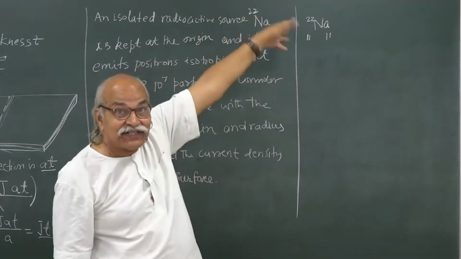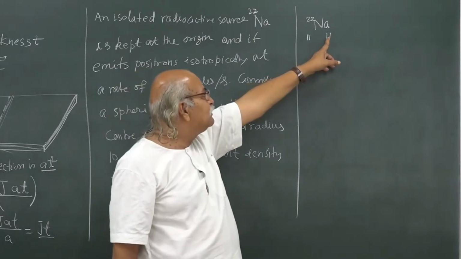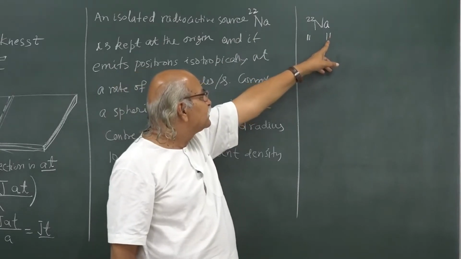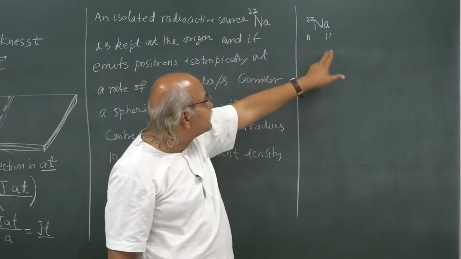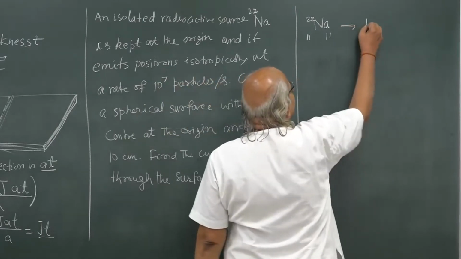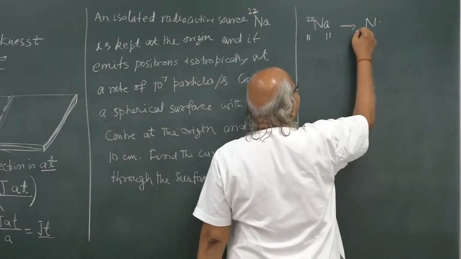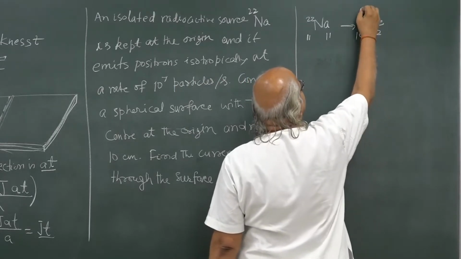From the stability, this should have been 12, so one proton will convert itself into a neutron, and this will become 10 protons and 12 neutrons. And what is this 10? This is neon.